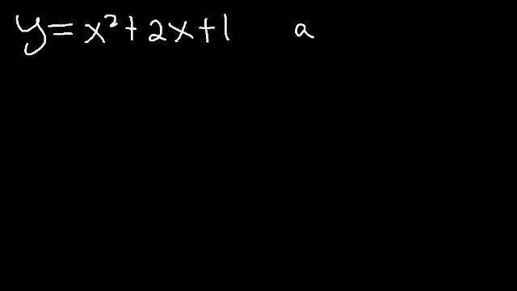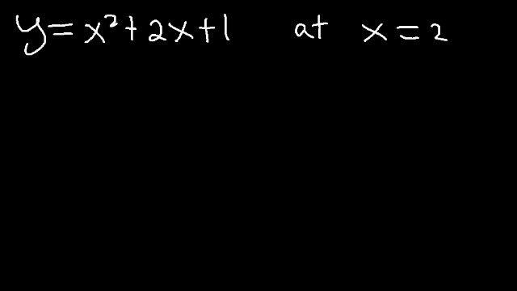Now let's say we want to find the slope of the tangent line at x equals 2. And so here's the original function. This is the one that's associated with f of x. How would you find the slope of the tangent line at this point?